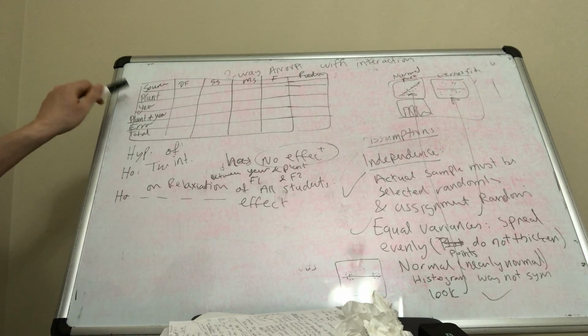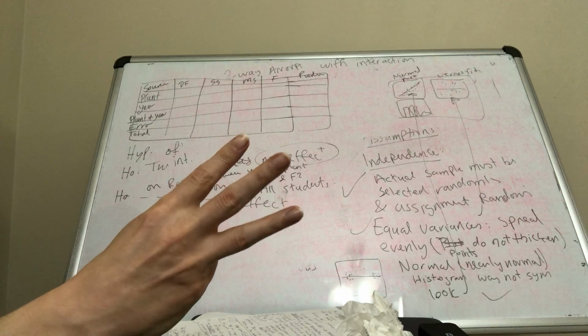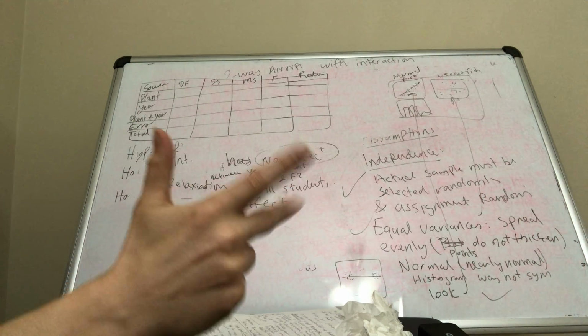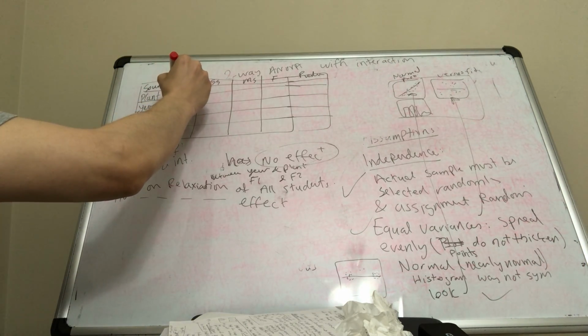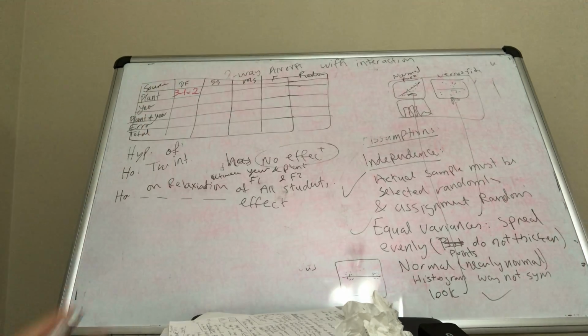So we go to plant. Remember, plant had 3 levels: live plant, photograph, no plant. So the degrees of freedom would be levels minus 1, so that would be 2.